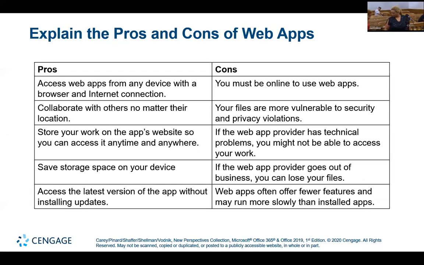Now, some of the pros and cons of being able to use web apps, I'm not going to read all of these, but just to highlight, one of the biggest pros is that you're able to access it from any device that has an internet connection. But one of the biggest cons is that if you lose your internet connection, you're no longer able to access anything. The rest of these are kind of dependent on the same thing.